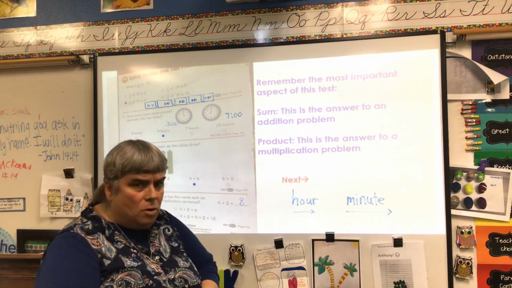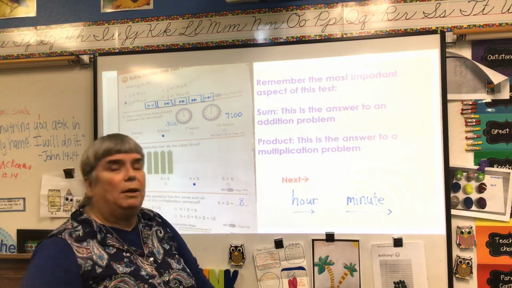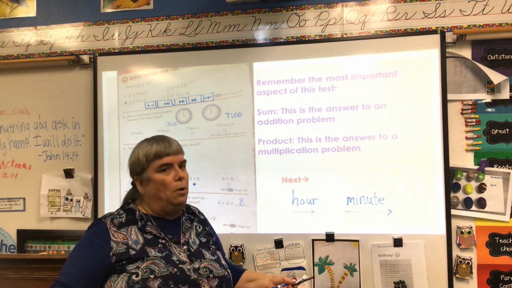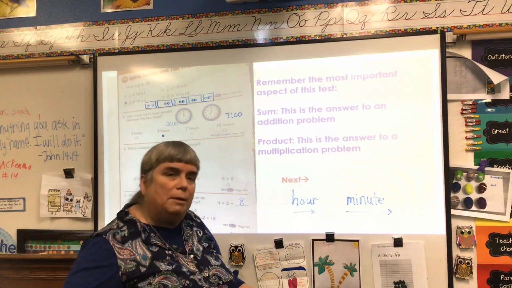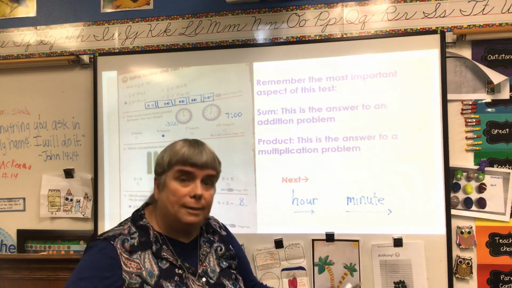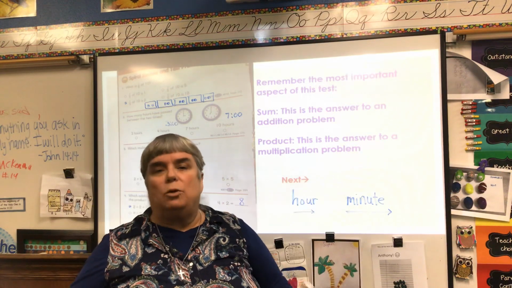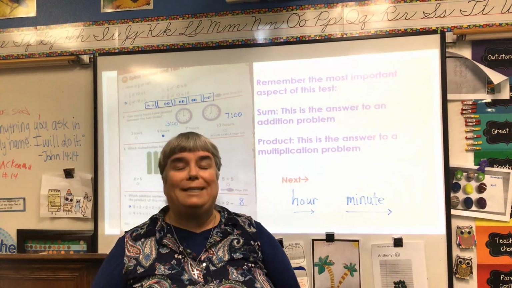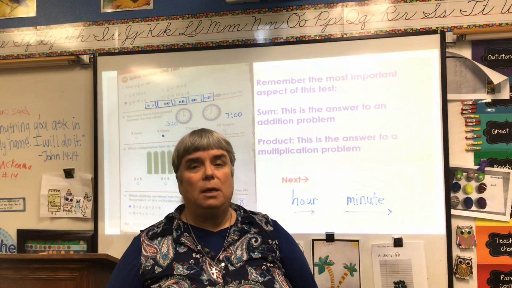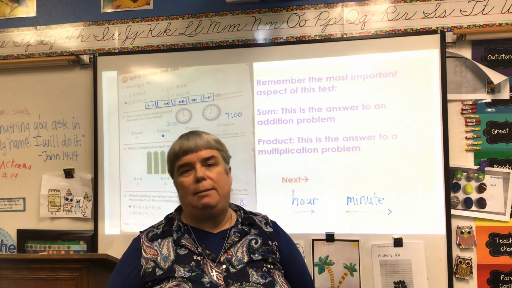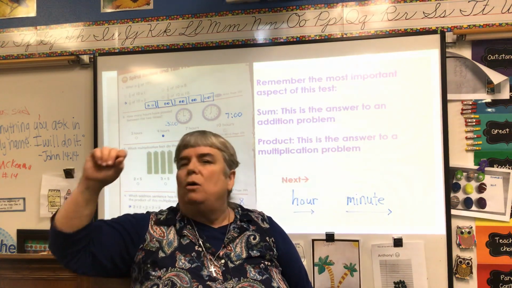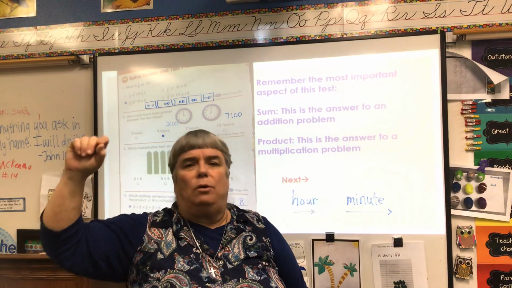Okay, the most important thing about this test, it doesn't look super hard, but you do need to remember the difference between the word sum, which is the answer in an addition problem, and the word product, which is the answer in a multiplication problem. So you might want to, maybe on the very first page, write that down just as a reminder.